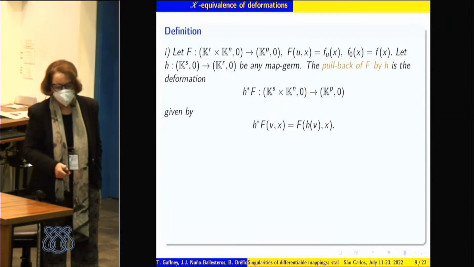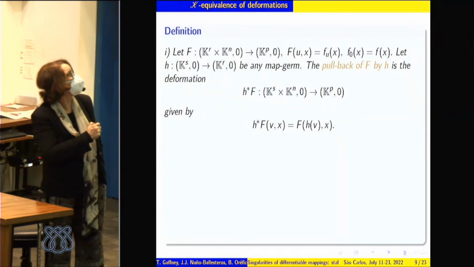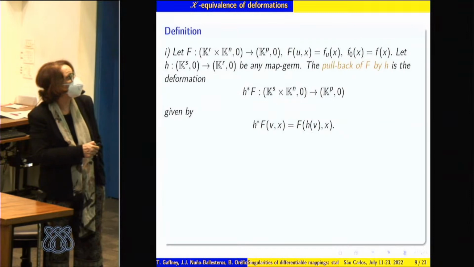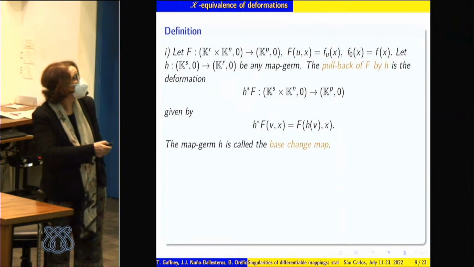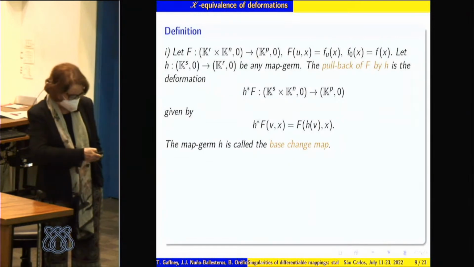So given any h from K^s to K^r, I define the pullback of f by h in this way. h*F is the deformation given by F(h(v), x). In other words, I made the pullback of F by changing the parameter. We can also say that this map germ h is a base change map.